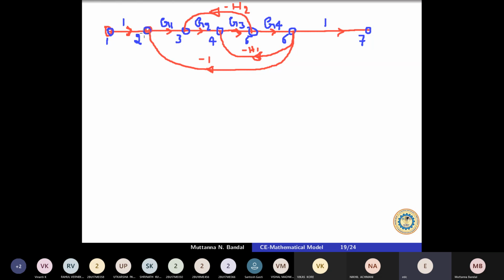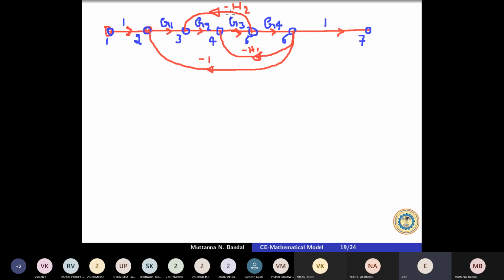So from node 1 to node 2 there is a signal whose gain is 1. From 2 to 3 the gain is G1. From 3 to 4 the gain is G2. 4 to 5 G3, 5 to 6 G4, and 6 to 7 again is 1.